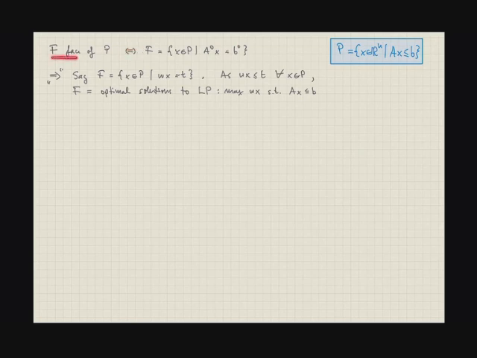So we start out with an arbitrary face of, say, polytope P, and say this face is obtained as the intersection of P with this hyperplane Wx equal to t. Since this was supposed to be a valid inequality for the polytope, all the points from the polytope fulfill Wx less or equal than t. And at the face, we have equality.